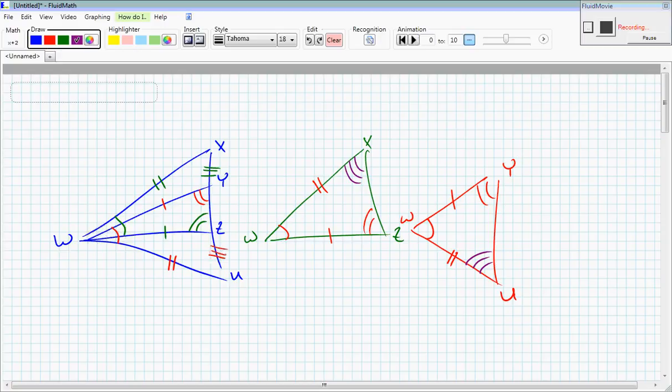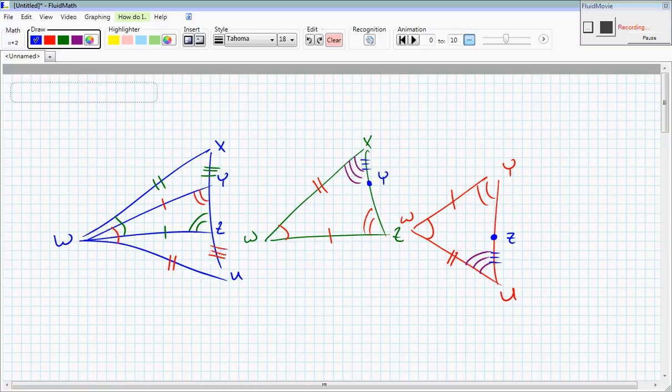Now, XZ, take a look at this diagram. It should have a point Y here. This little part here, XY, is supposed to be congruent to this part here, UZ.